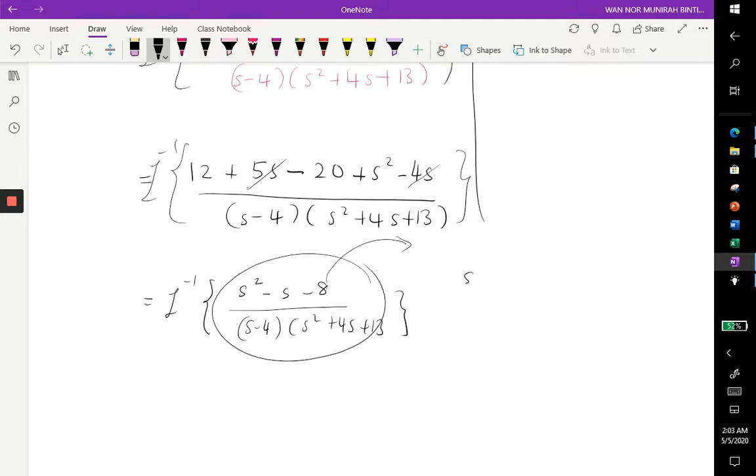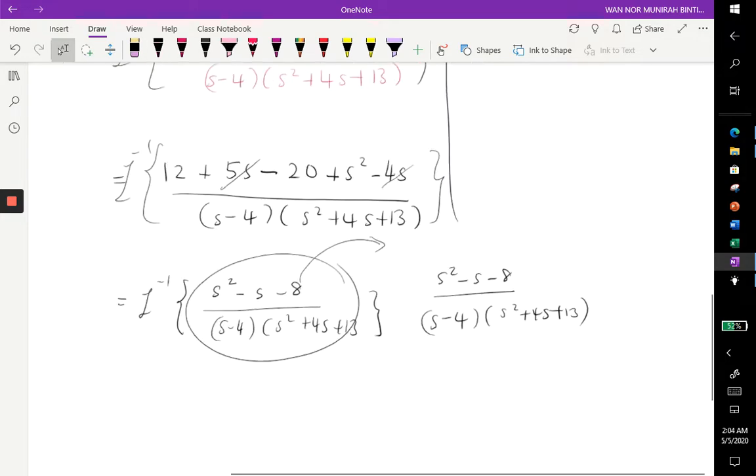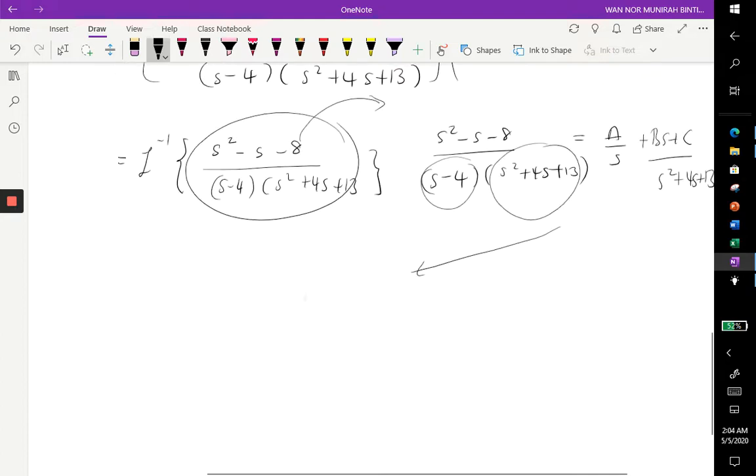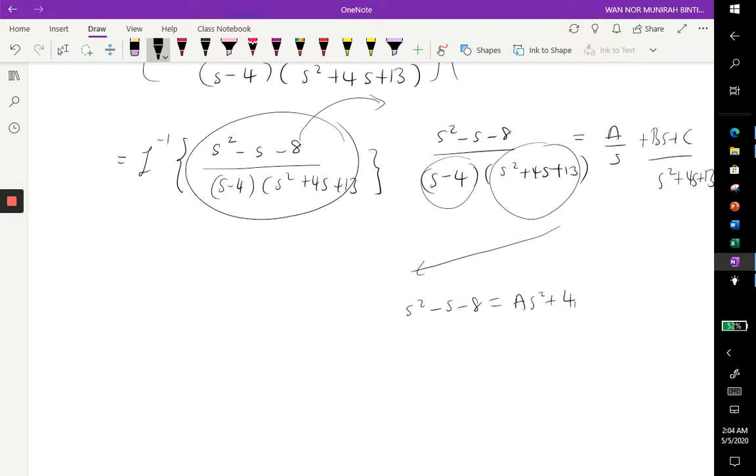So I have s squared minus s minus 8 over s minus 4 times s squared plus 4s plus 13. This equals A over s minus 4, because this one is linear, but this one is quadratic, so you have Bs plus C over s squared plus 4s plus 13. So s squared minus s minus 8 equals A(s squared plus 4s plus 13) plus (Bs plus C)(s minus 4).